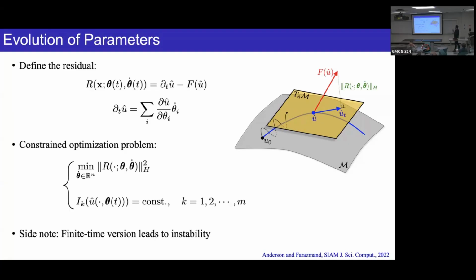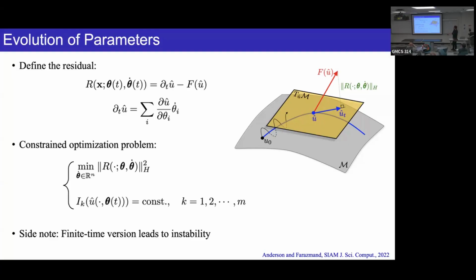Now, one side note here is that when we were developing this, I told my student William, who was working on this, that it's probably better to look at not this instantaneous optimization, but look at the finite time error, which means that you also integrate this over some time interval 0 to t, and then write down the Euler-Lagrange equation to find the minimizer.